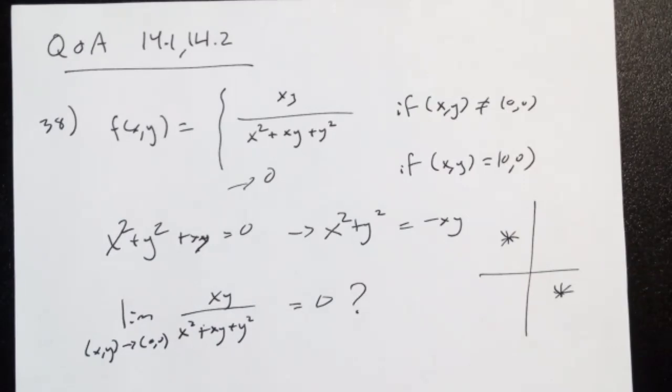When you do the limit, can you just pick whatever approach you want to do? Yes, you can pick whatever approach you would like. Just do y equals mx. Sure.